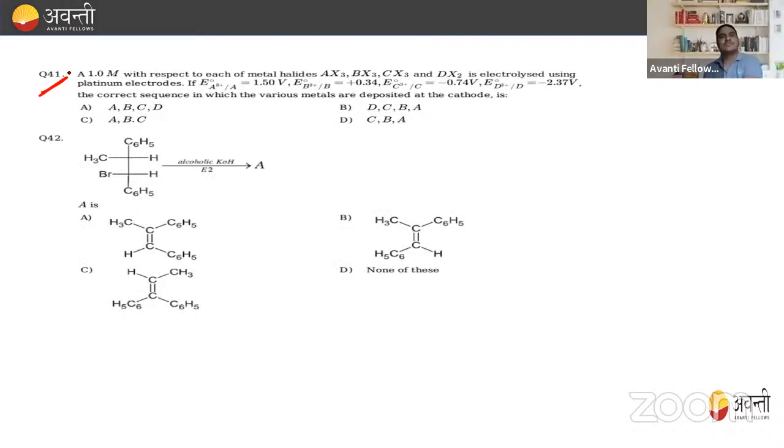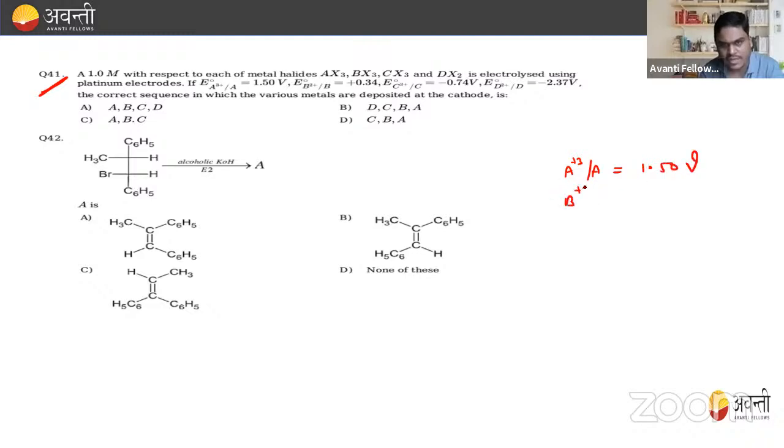So what does question number 41 state, beta? 1.0 molar with respect to each of the metal halides AX3, BX3, CX3 and DX2 is electrolyzed using a platinum electrode. The electrode potentials of reduction are given. For A3+ to A, it is given as 1.50 volt.